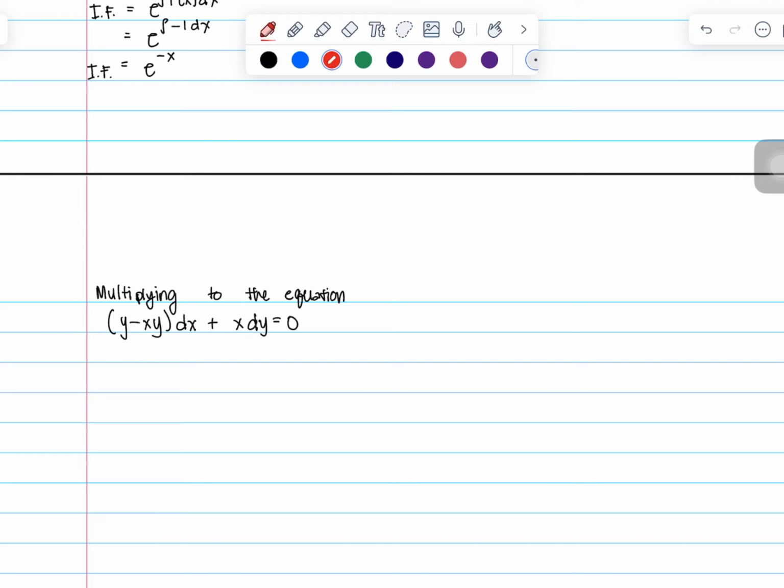So we multiply everything by the integrating factor, which was e to the negative x. So that becomes e to the negative x times y minus xy dx plus x e to the negative x dy is equal to 0. This becomes your new equation.